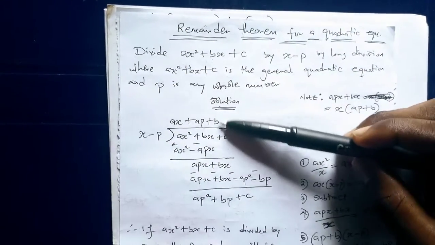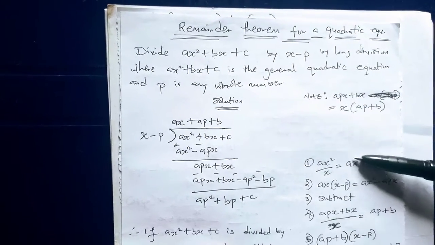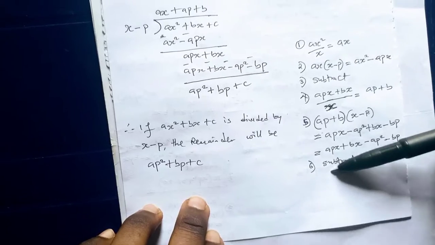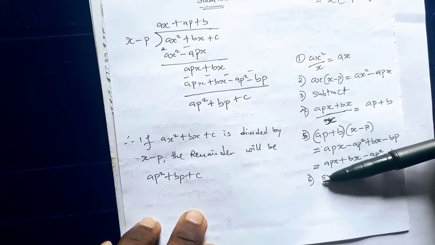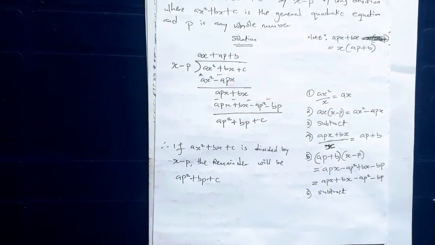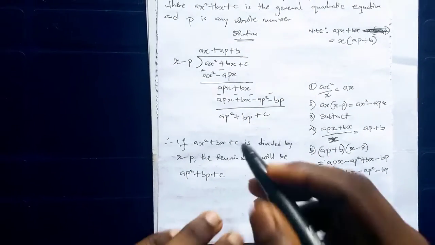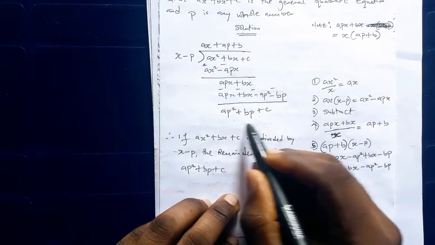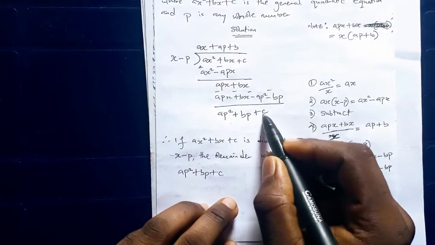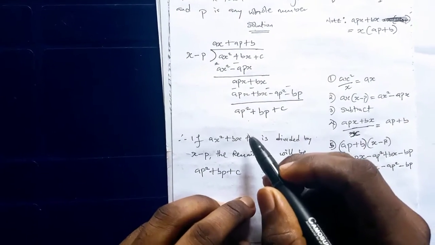Now if you follow this series of steps that I have listed down here up to this last step here, and you do your mathematics quite all right using the long division process, you will discover that this becomes the remainder. ap squared plus bp plus c is the remainder.